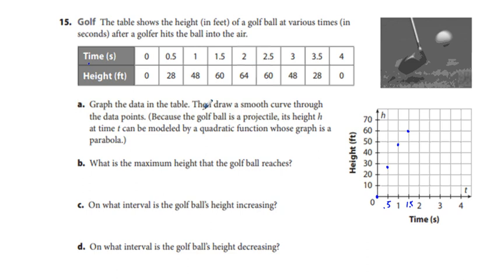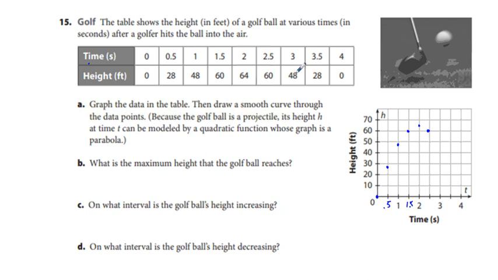Next, at 2 seconds, we have 64 feet. So at 2 seconds, go up here, 64 feet. At 2.5 seconds, we're at 60 feet. So we've reached our maximum and now we're going down.